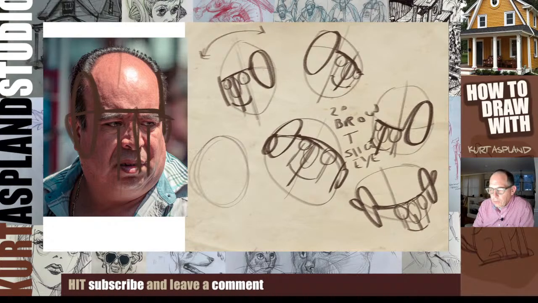First thing you want to do is draw a circle or a sphere on your page. Next, you're going to determine where your brow line is. This is our brow line right there. This is a condensed version, by the way. Then we're going to draw our center line to talk about where the center part of our face is going.